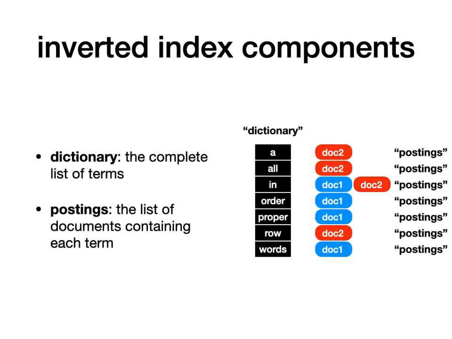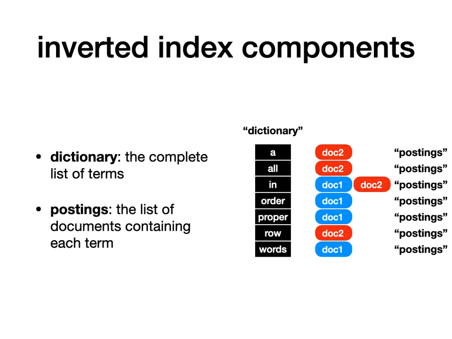So what is in an inverted index? There are two elements to every index. There is the dictionary, which is the list of all the terms that occur, and there are the postings, the list of the documents for each of those terms. These are key. These are going to keep coming back because we're going to talk about all sorts of things associated with the dictionary and all sorts of things associated with the postings and how to process them.